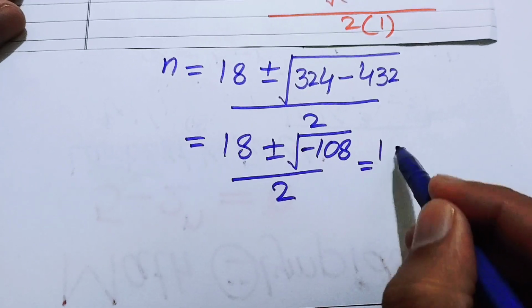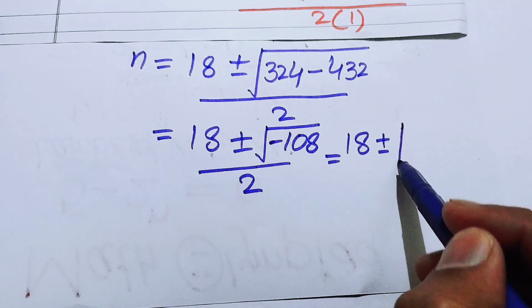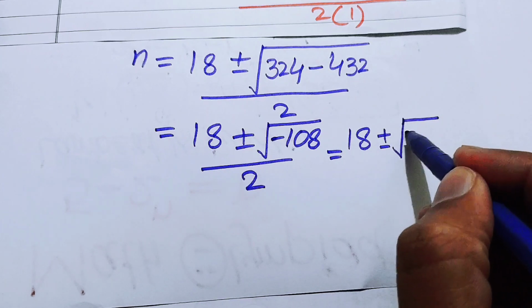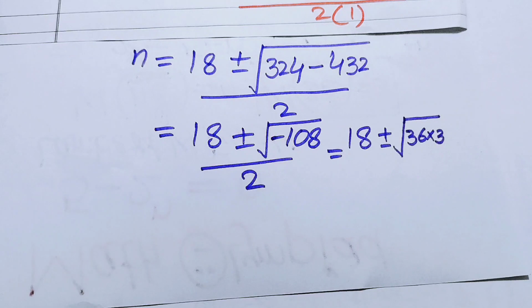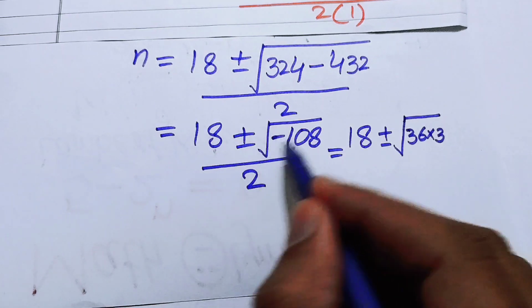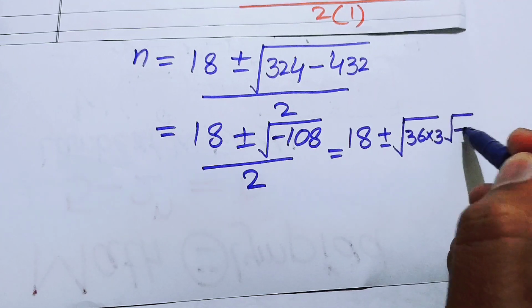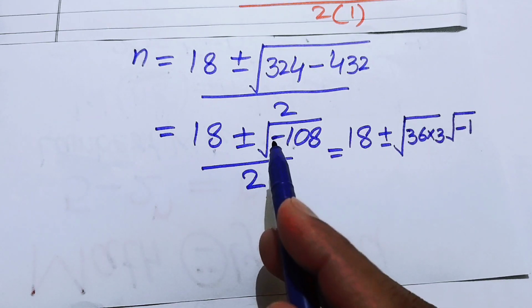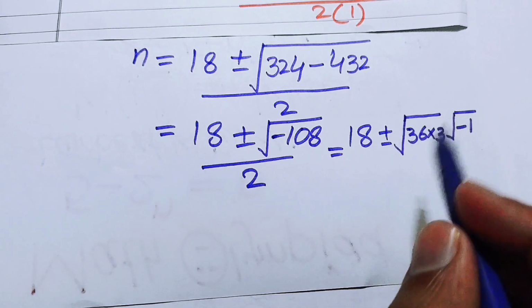So in the next step we will write it as 18 plus minus square root of, we have 108, so we can write it as 36 times 3. When you multiply 36 by 3, you will easily get 108. And you have the negative sign, and we will break the minus 1 square root. We can just write the square root of minus 1 separately, and 108 as 36 times 3, and this whole over 2.